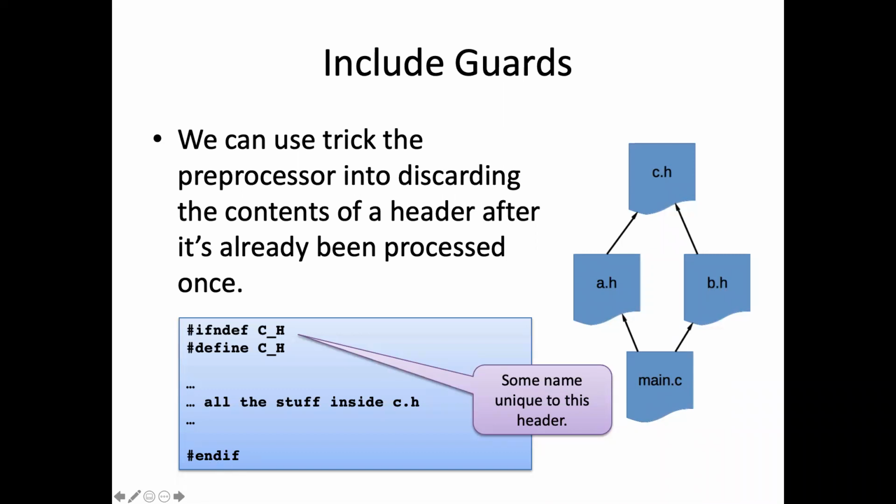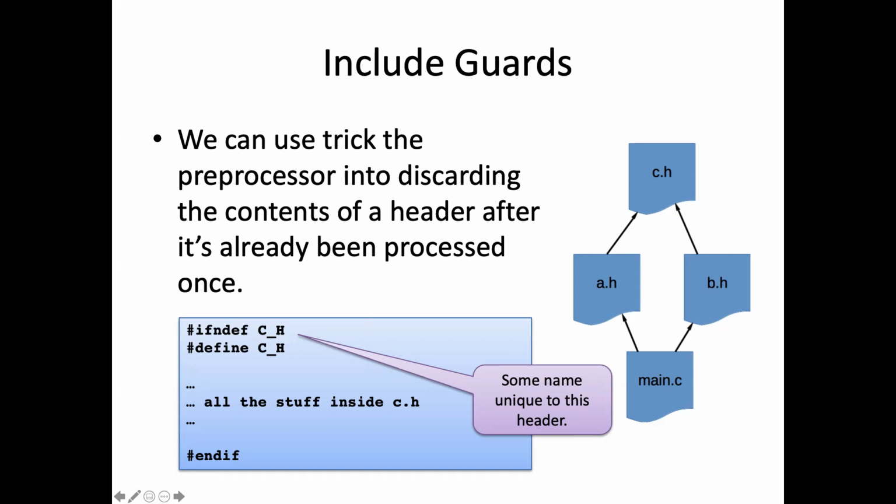So everything inside only gets included if this identifier is not defined. For this identifier, we normally just pick a name that matches the name of the header. So if this is a header file named c.h, we could just pick a symbol name C_H.